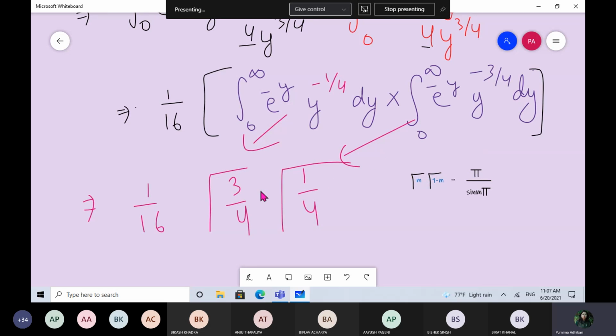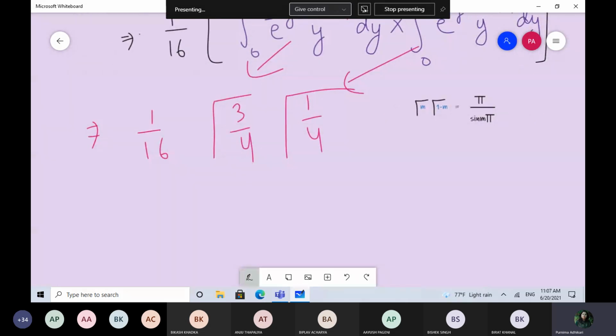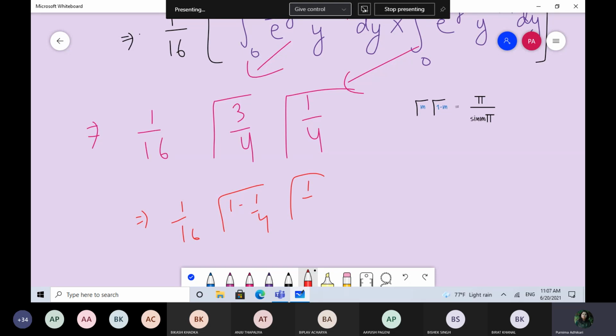So you see, we can write it this way: 1/16, gamma of 1 minus 1/4, gamma 1/4. Why not exactly your formula, gamma m, gamma 1 minus m, where the value of m is 1/4.